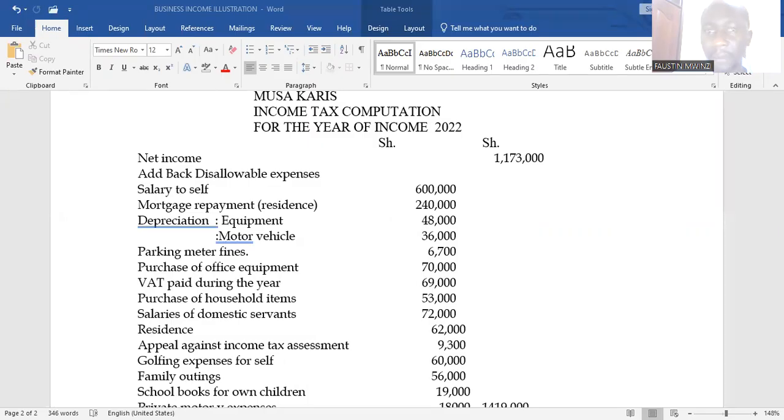Nitawapea quiz zingine. Mwalimu, ile previous one nayo uliweka time kidogo sana. You are meant to be fast. Unaona kama ya leo iko na adequate time. But the previous one, you had no calculation. Ni kuangalia value ukisema. Oh, but some of us will have to do calculation, mwalimu. Hapana.